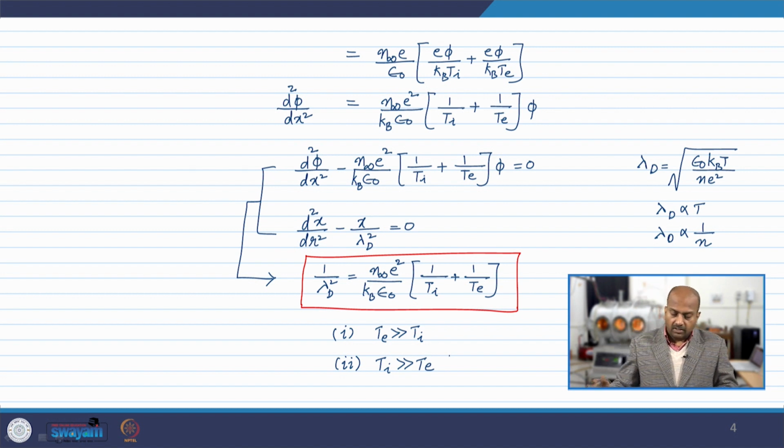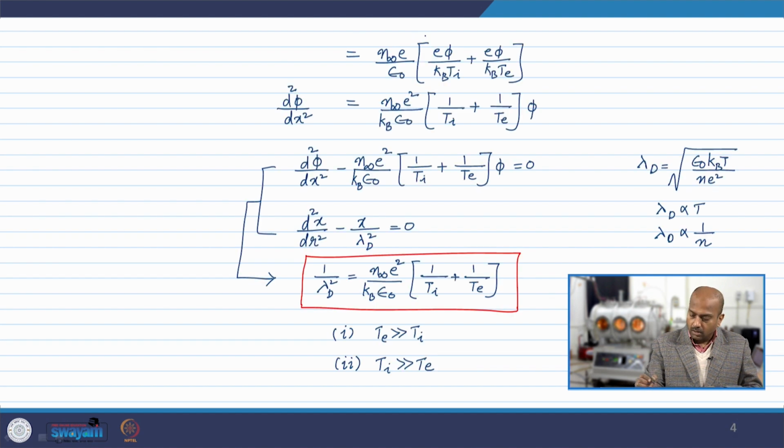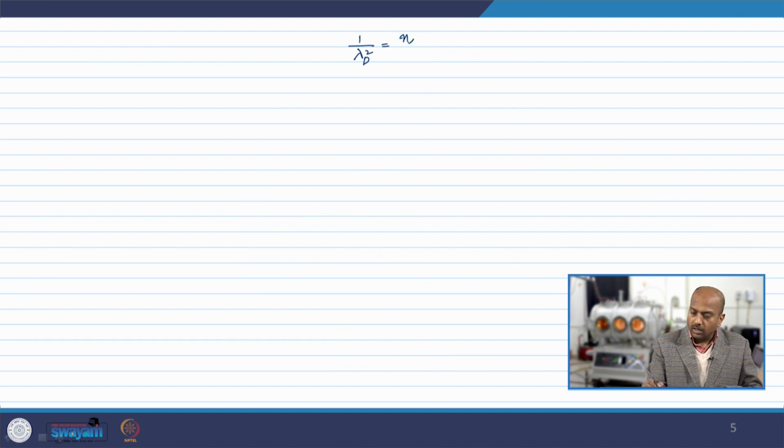So, let us take this expression as it is. 1 by lambda d square is equal to n infinity e square by epsilon naught kb times 1 by Ti plus 1 by Te.